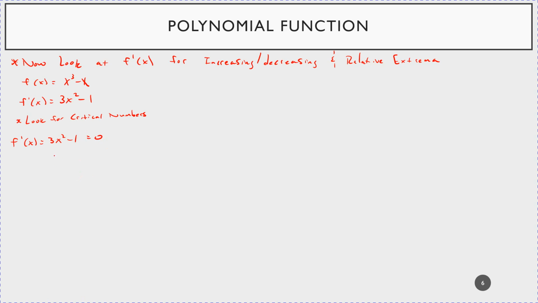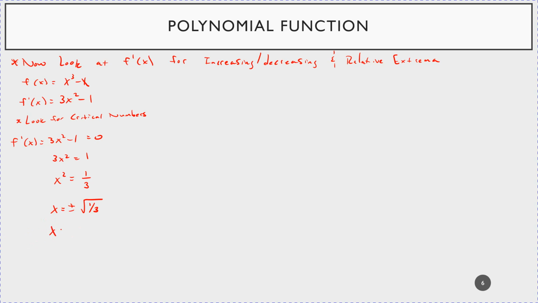So I'd add the 1 over, divide by 3, and then take the square root to solve. So you have two critical numbers: x is equal to plus or minus the square root of 1/3.